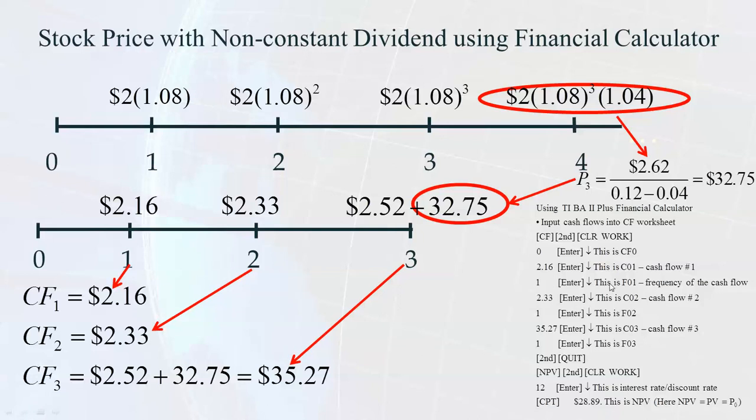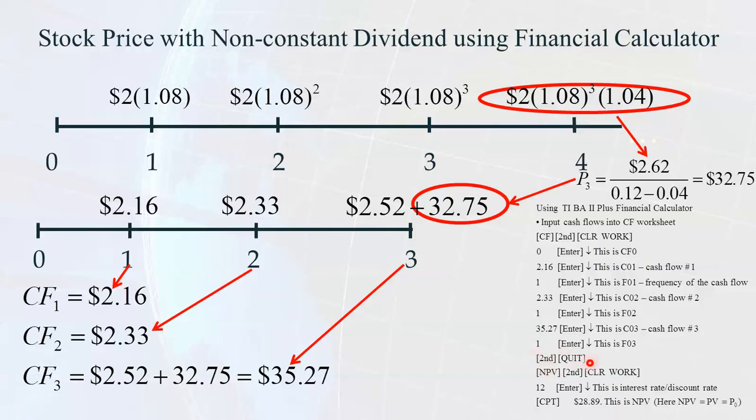Okay, so you can do this problem using a financial calculator. Cash flow 1 is $2.16, and you receive it one time. Then cash flow 2 is 2.33, and you go down, how many times, just one time. And for cash flow 3, put both the dividend and your expected price together, so you make cash flow 3 and go down, just one, because it's coming one time.